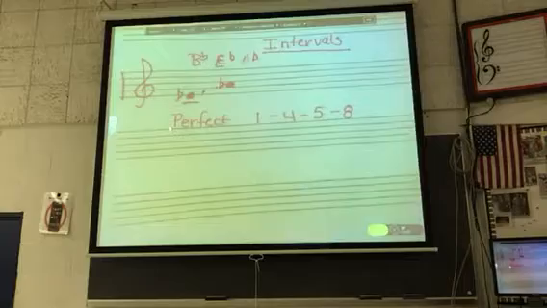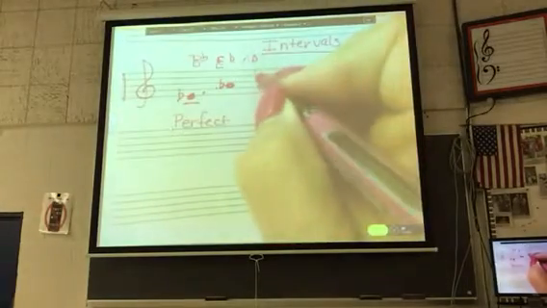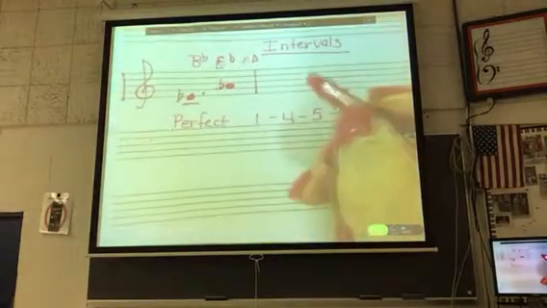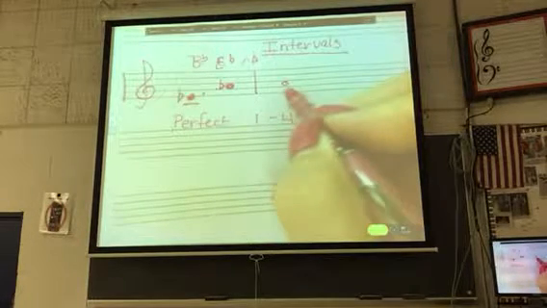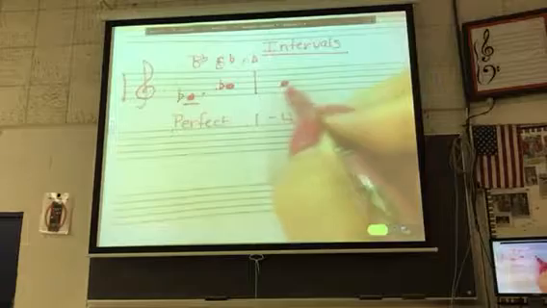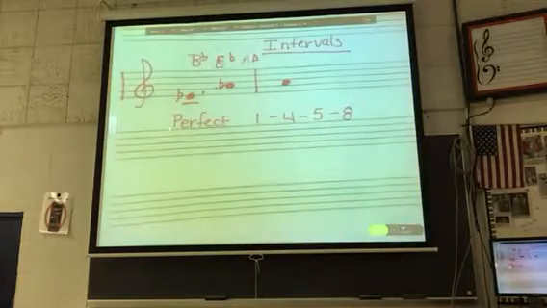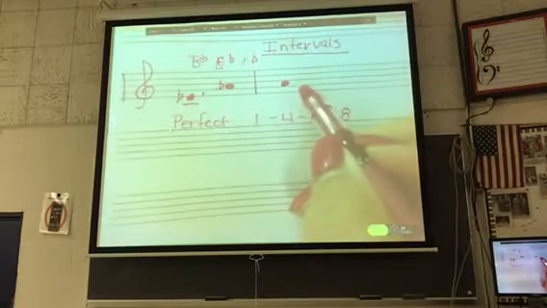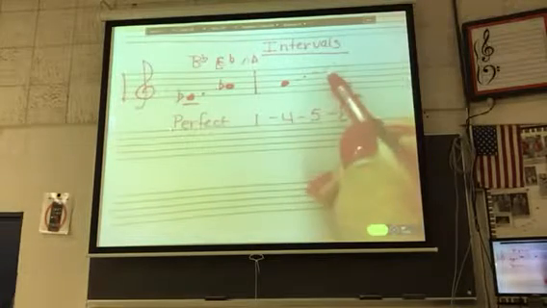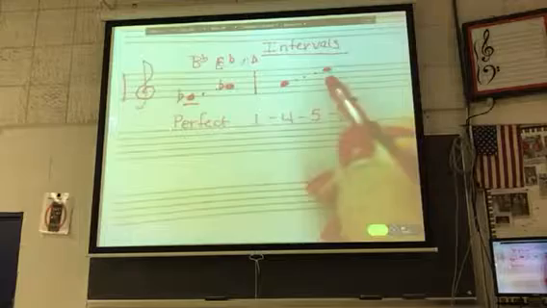Let's try another one and do a 5th. Let's start with A. Again, I'm going to count up 5 from A. 1, 2, 3, 4, 5. That would be an E something.